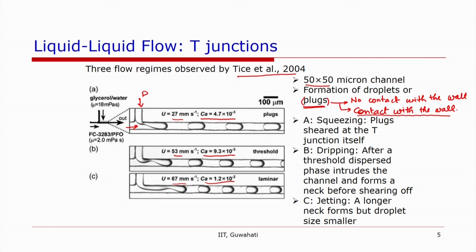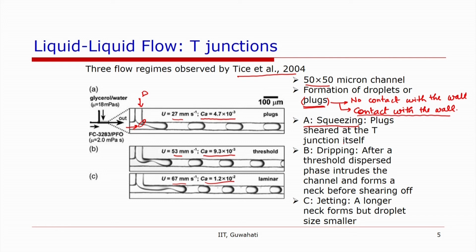So in this case, we can see that there is a thin film that separates. Now these three different flow regimes, what is different here is that in the first flow regime, which they have named as squeezing, the breakup happens just at the T-junction.